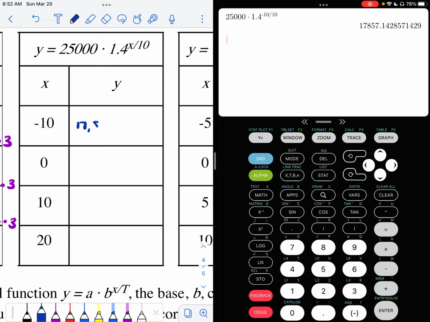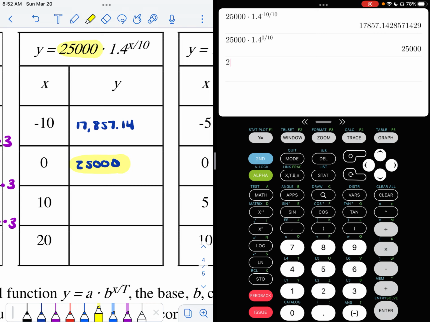So 17,857.14. Then if we plug in a 0, 25,000 times 1.4 raised to the power of 0 over 10, you get that 25,000. So again, when x equals 0, we get the 25,000, which was that coefficient out front.